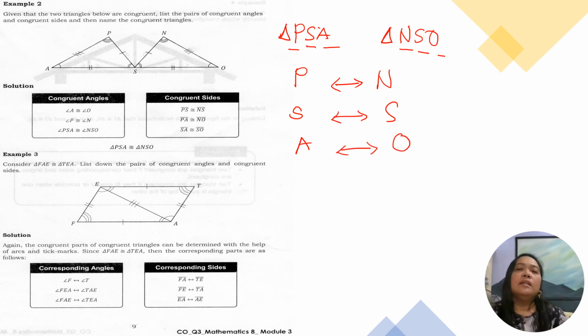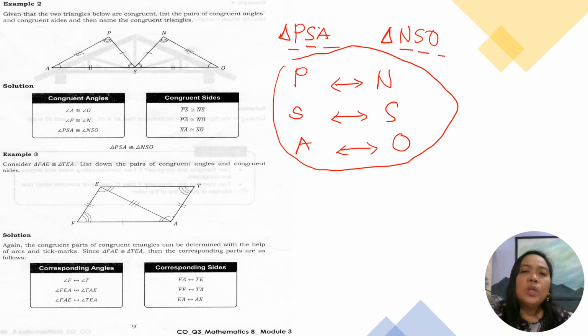So since the vertices of two triangles correspond to one another, then we can now identify the congruent angles as well as the congruent sides. So what are the congruent angles here?